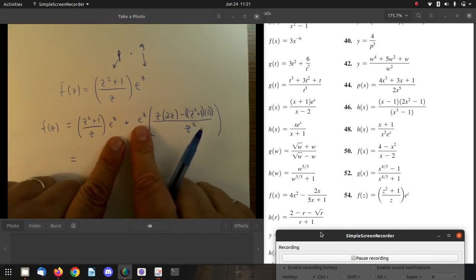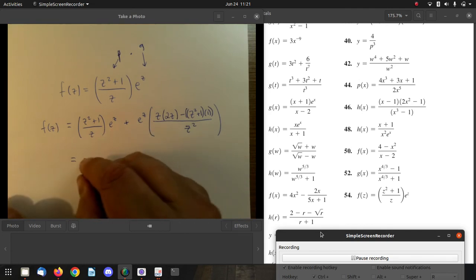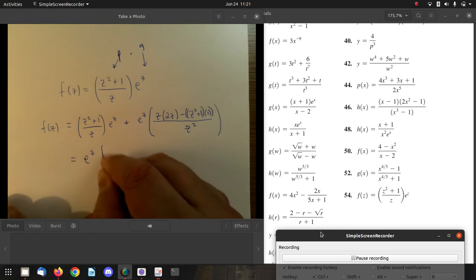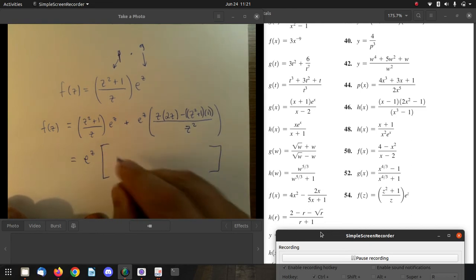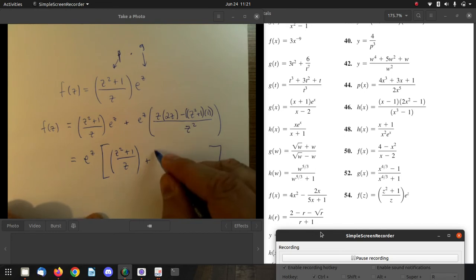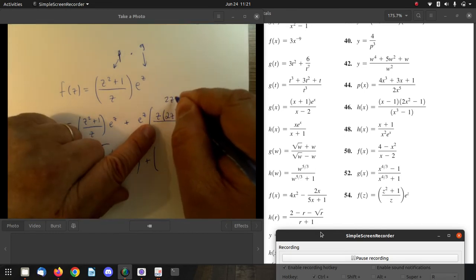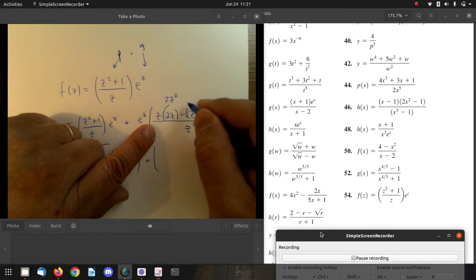So the first thing I notice is that the e to the z and e to the z. That means I can factor out an e to the z and leave all of this gobbledygook inside. So here we have the z squared plus 1 over z. And then I'm going to have all this stuff. But before I bring this one down, I'm going to simplify it a bit up here. So we're going to have 2z squared. That's what that becomes.